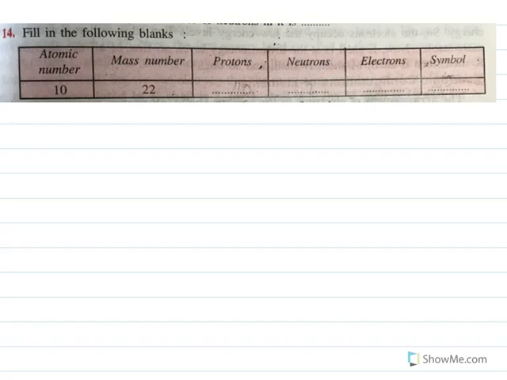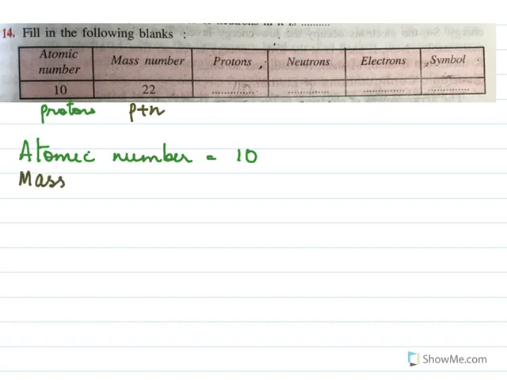Fill in the following blanks. So here atomic number is given 10, and you know atomic number is protons. Mass number is protons plus neutrons. So mass is 22, which is protons plus neutrons.